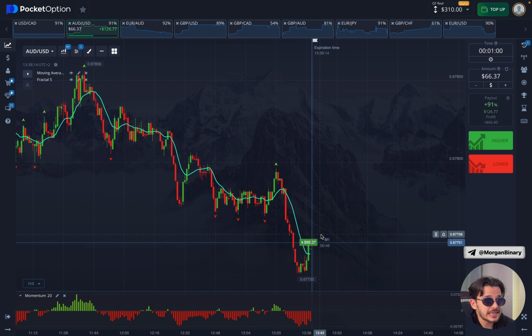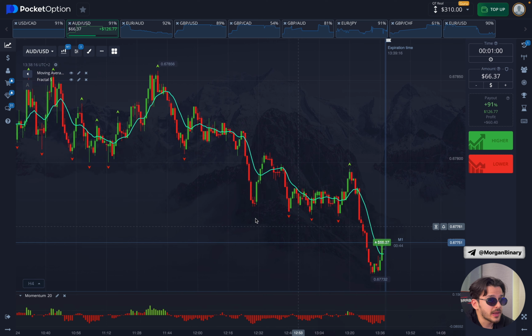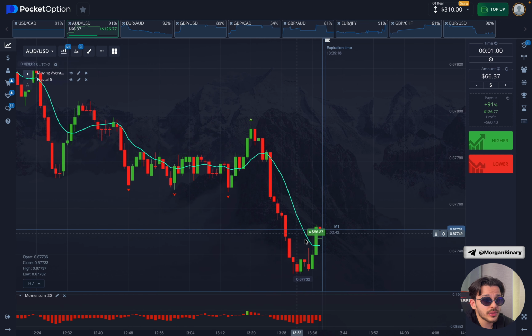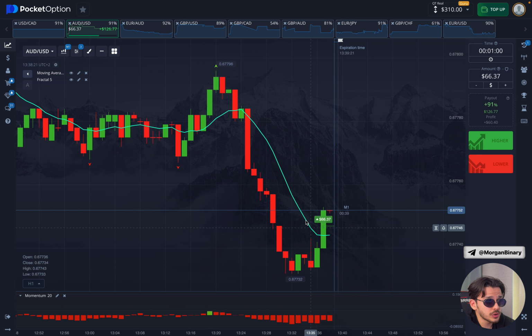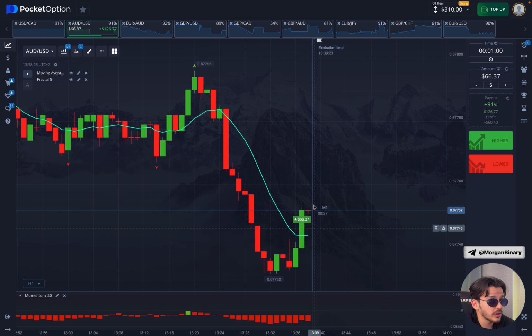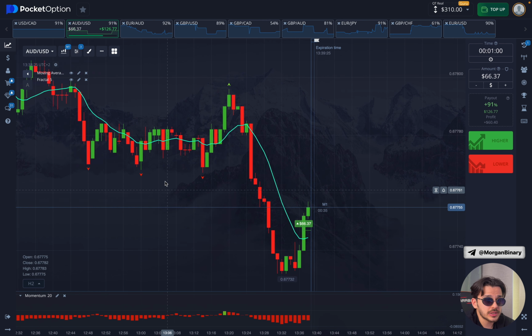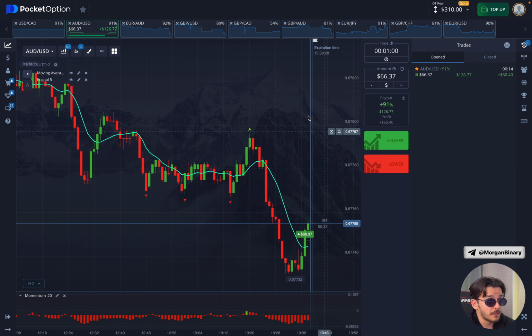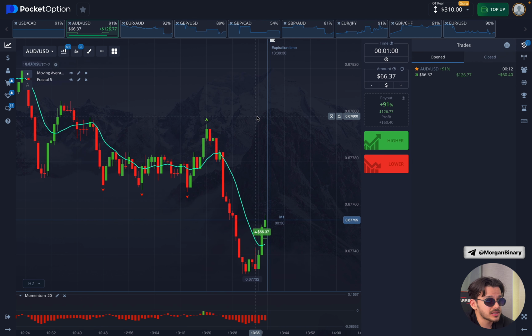The entry point is exactly the same as the previous deal, only this time we open on the upside. I think in general everything is clear. That was a crossover of the weighted moving average. Of course there could be a pullback here now, but I think it's unlikely. So let's see, guys.